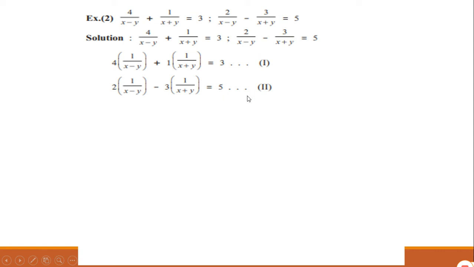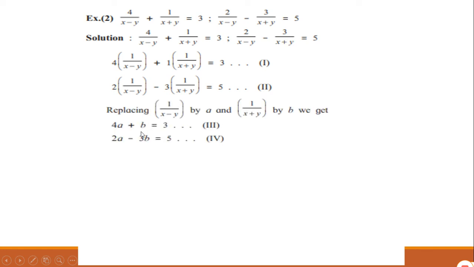This is the second equation. Now, this part 1 upon x minus y, replace this part by new variable a in both the equations. Again, 1 upon x plus y, this part is replaced by new variable b in both the equations like this.